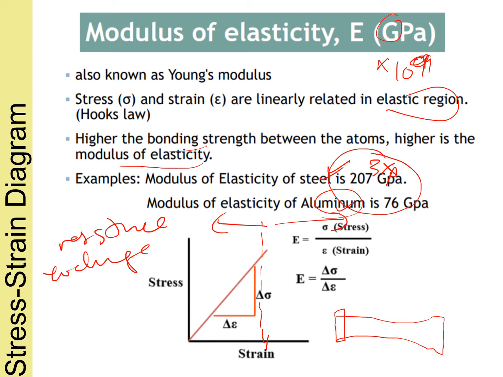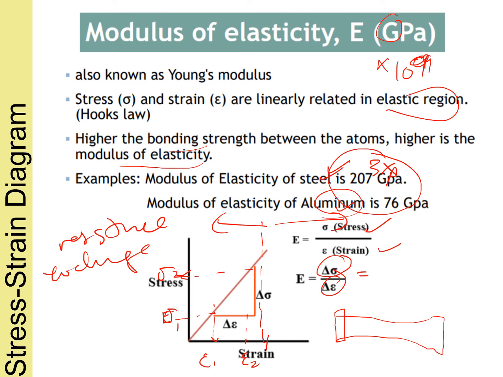So that's why, from the value you obtain by calculating the stress over the strain, or the change of stress over the change of strain, this is your linear curve. For example, this is your strain 1, this is your strain 2, this is your stress 1, this is your stress 2.